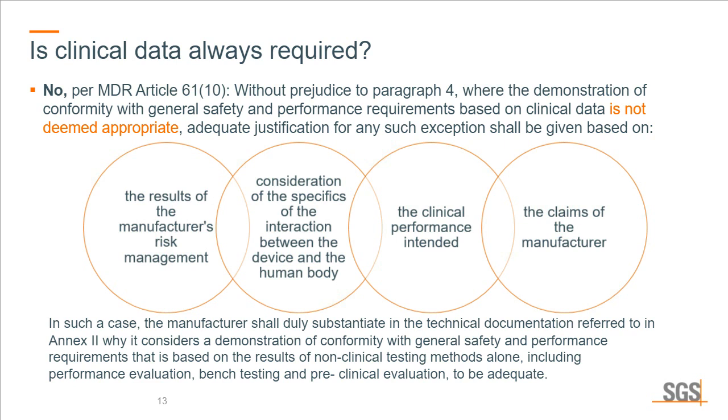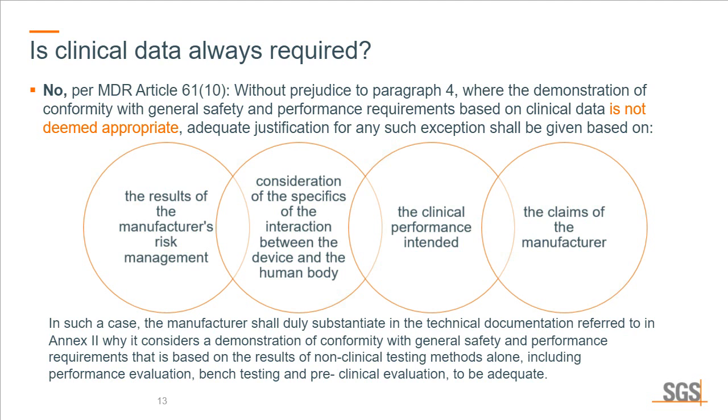And so per the MDR Article 61, subsection 10, without prejudice to paragraph 4, which talks about implantable and class 3 devices, where the demonstration of conformity with general safety and performance requirements based on clinical data is not deemed appropriate, adequate justification for any such exception shall be given based on the results of the manufacturer's risk management, consideration of the specifics of the interaction between device and the human body, the clinical performance intended, and the claims of the manufacturer.